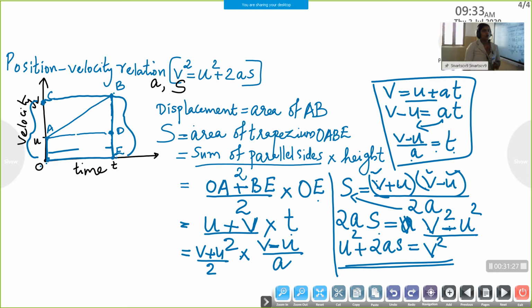These are the three equations of motion, and you have to derive these three equations in your notebook and practice it today itself. Then it will be okay for you. For deriving the three equations, you have to draw the velocity time graph. Don't forget that. This is the derivation of the three equations. Okay children, so you have to practice it.